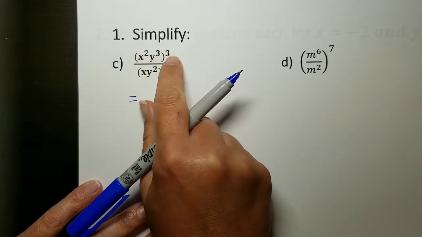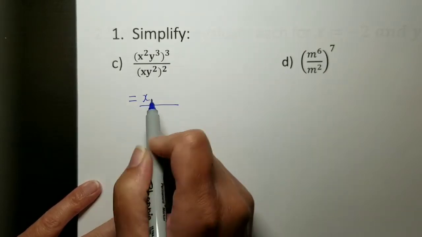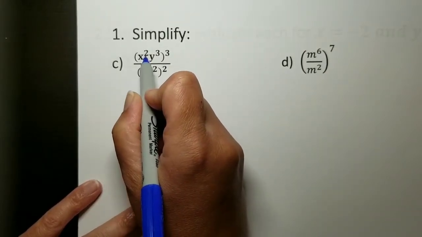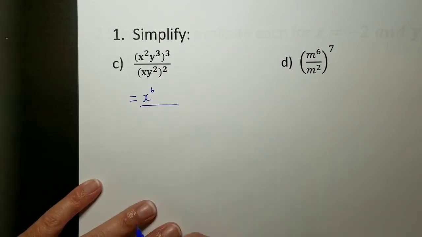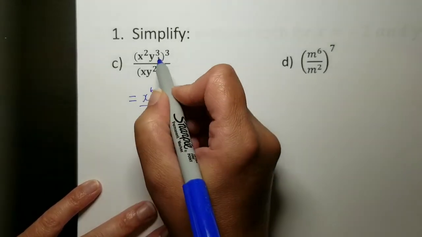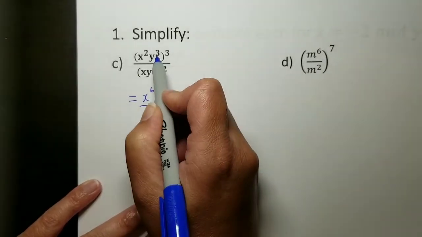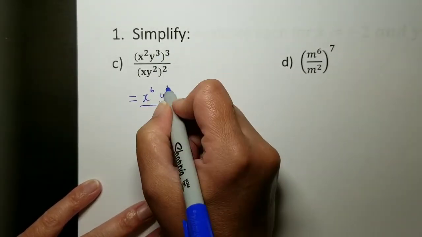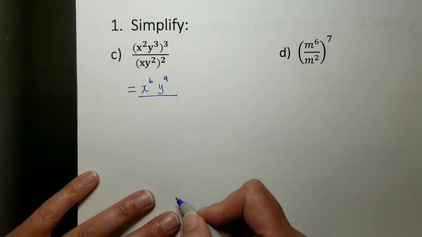We're going to keep the bases the same and multiply the exponents. So on the numerator, I have x, and I'm multiplying the original exponent 2 by that outer exponent 3, so I get x to the 6. I have a base of y, I'm going to keep that the same, and multiply the original exponent 3 by the outer exponent 3, so I get y to the exponent 9.